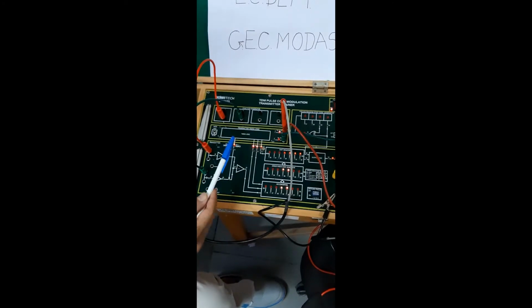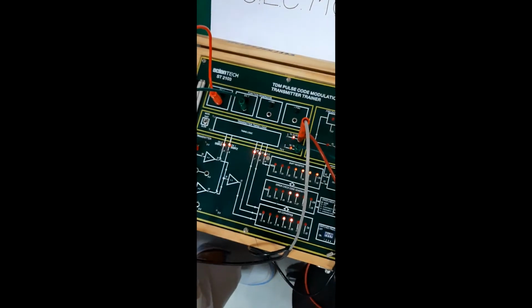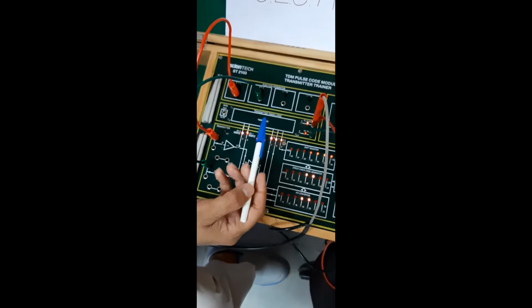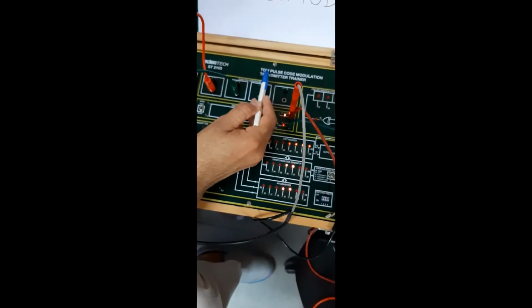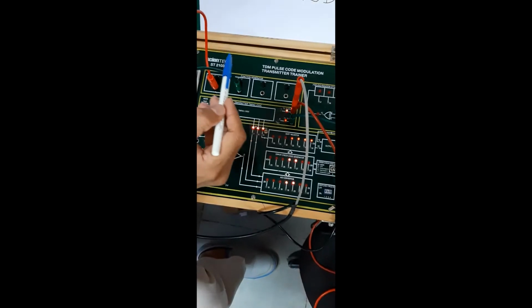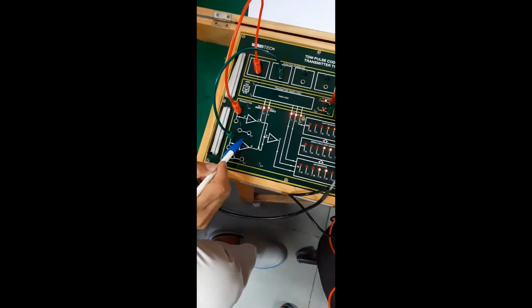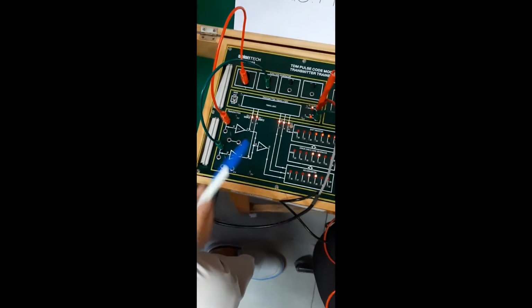As you can see, there are 4 possible sources for this particular trainer, and as said, it is TDM based, time division multiplexing. So it multiplexes the samples from 2 different channels on a time slot basis.